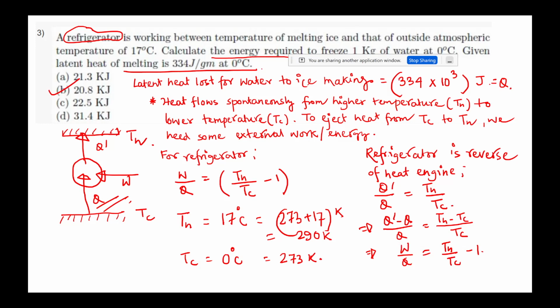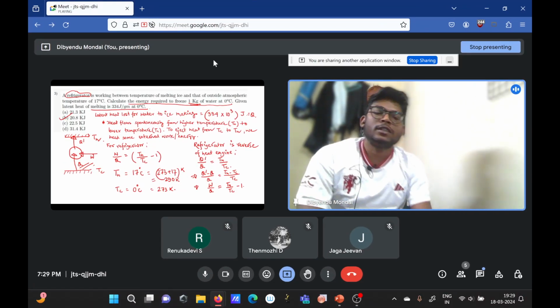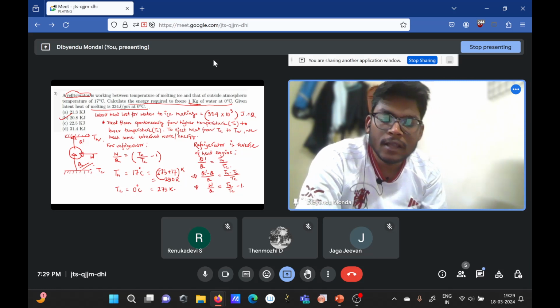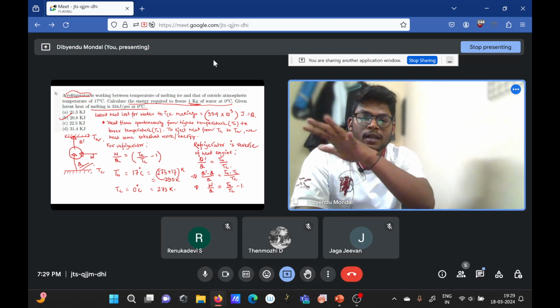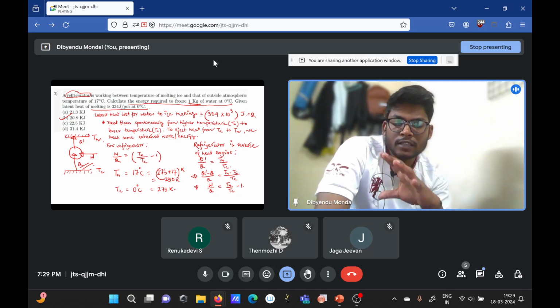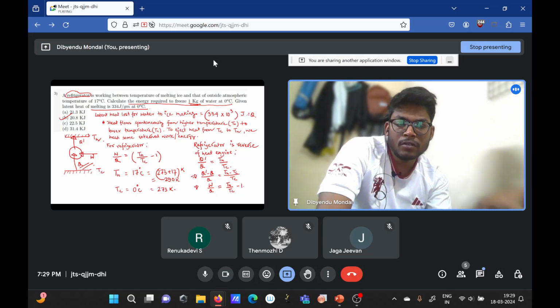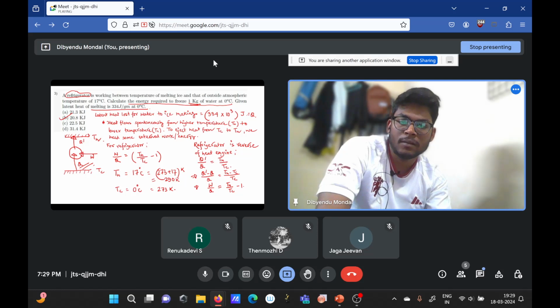Heat generally flows spontaneously from higher temperature to lower temperature, because that is the natural course of heat flow, right? Why is it so? Because if there is higher temperature, that means it has more heat compared to the lower temperature. That's why heat flows from higher to lower temperature.